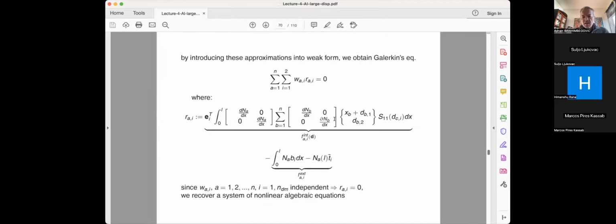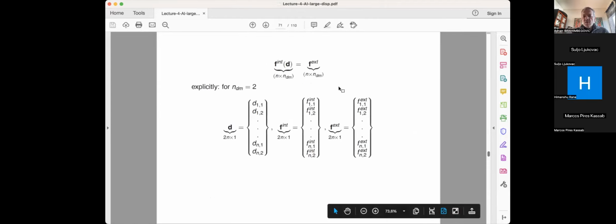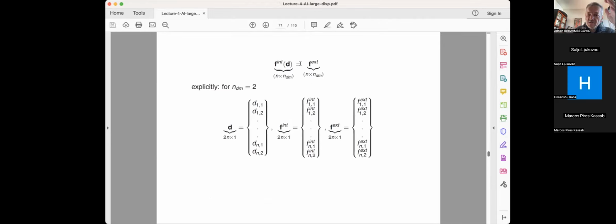So when all is said and done, I can conclude that each of these residuals has to be equal to 0. So I come up with a set of nonlinear algebraic equations where I have equivalent nodal loads for the internal forces, equivalent nodal loads for the external forces, matching each other.